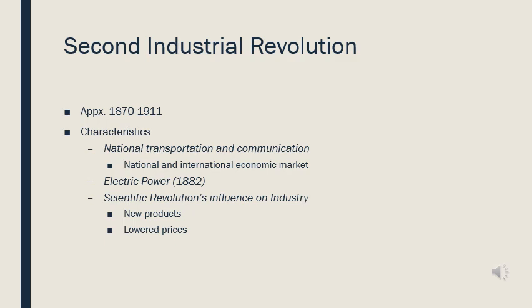They figure out different ways to get it hotter, faster, and how to actually lay it into steel beams. And that is going to create things like faster laying of railroad ties, building taller buildings, a whole myriad of different things. So those 3 characteristics of the second industrial revolution are the increase of transportation and communication, the use of electric power, and the marriage between science and industry.